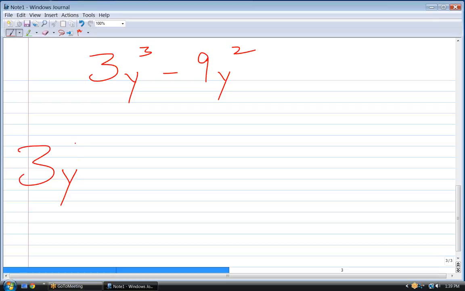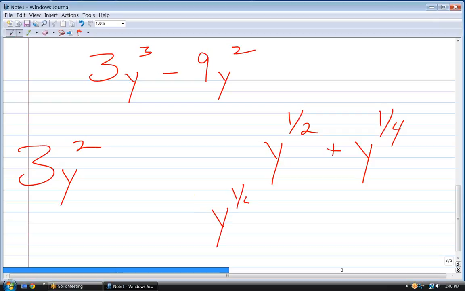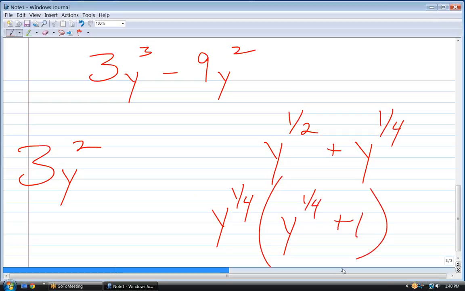So the exponent doesn't have to be even? No, it does not. So basically it's the smallest number. Yeah, when you're dealing with the variables, yes. Although, if the problem was, say, this, the greatest common factor there would be y to the 1/4, and it would leave y to the 1/4 plus 1.